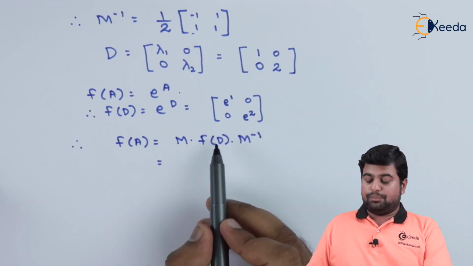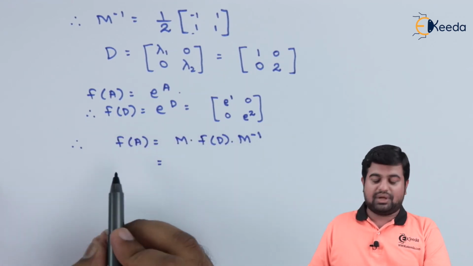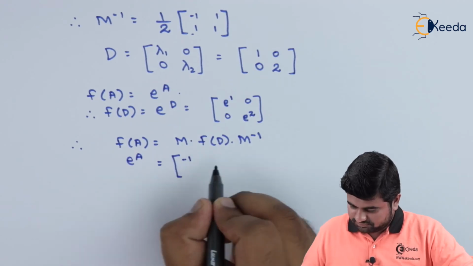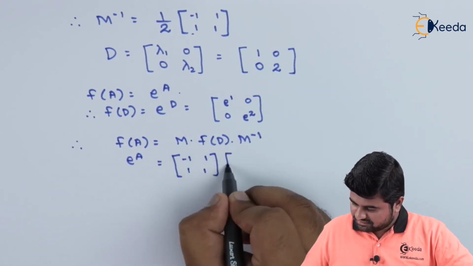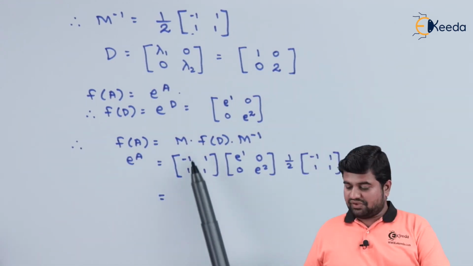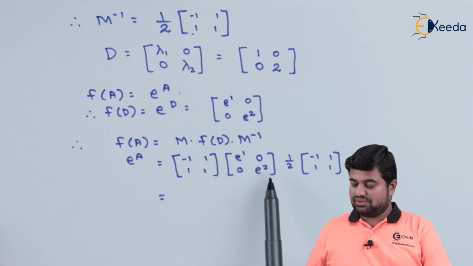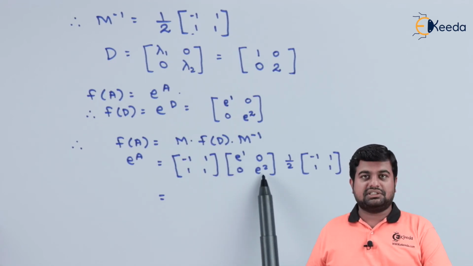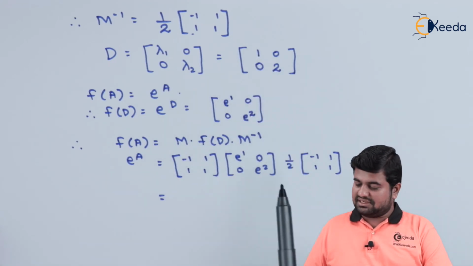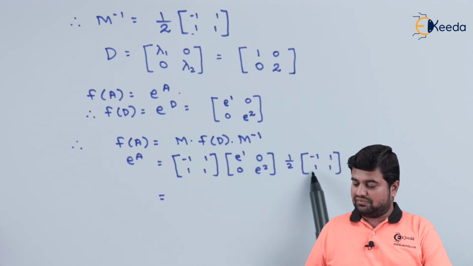So let us put all the values of the same to calculate what is e raised to A. So we have got M as -1 1 1 1, f of D as e raised to 1, e raised to 2, which is the function applied only on the diagonal elements, and M inverse as 1 by 2 into -1 1 1 1.